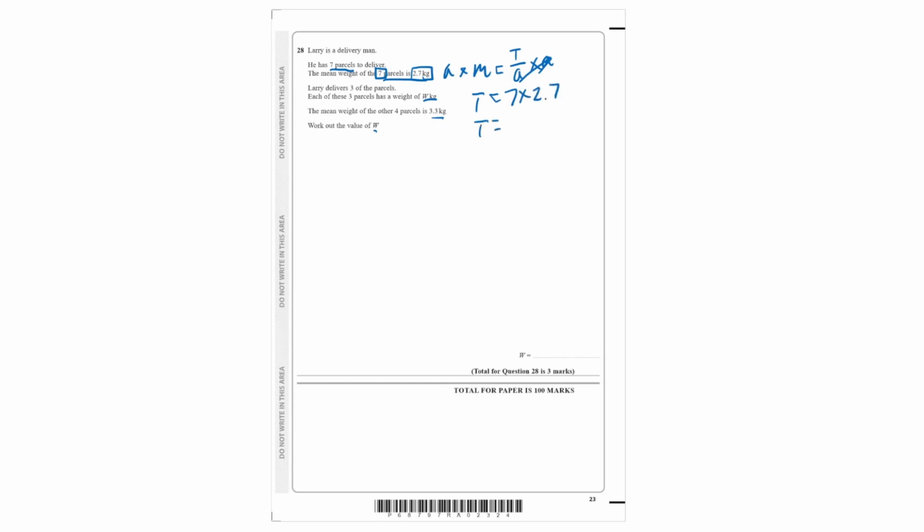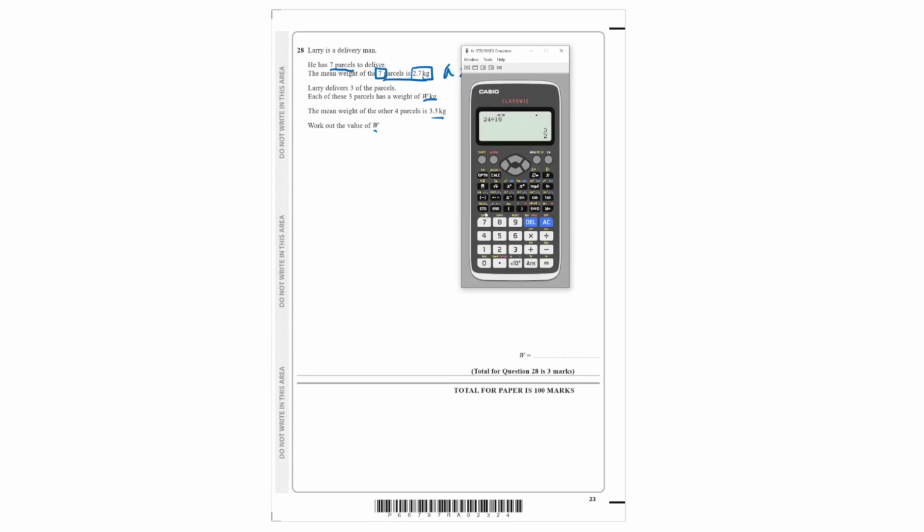We can find this out using our calculator. 7 times 2.7 is 18.9. So we have 18.9 kilograms. That means the total weight of all 7 parcels is 18.9 kilograms. If we subtract the total weight of the other 4 parcels, we can find the total weight of the 3 parcels, each having the weight of W. So again, we use total is equal to quantity times mean.